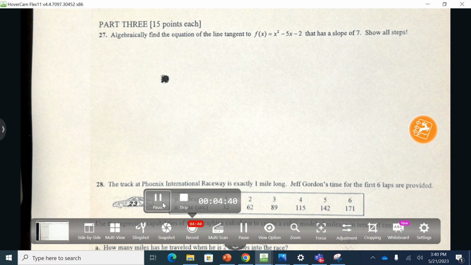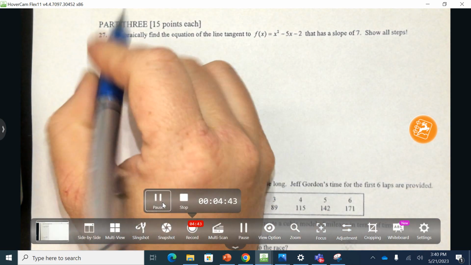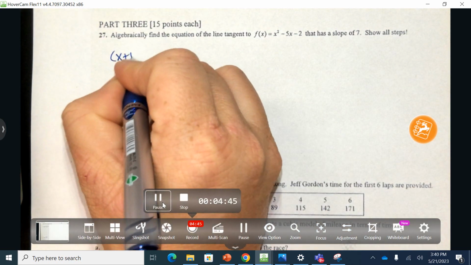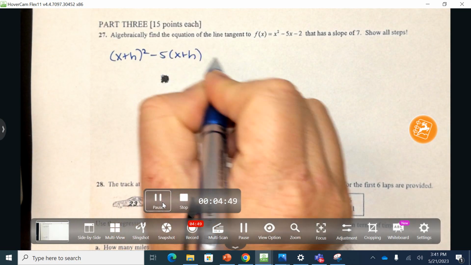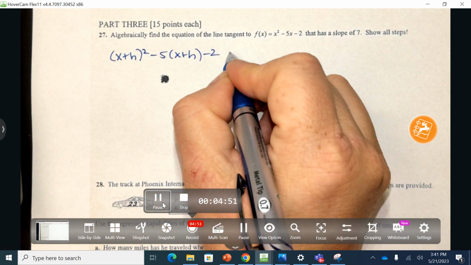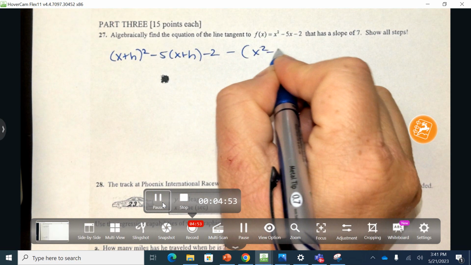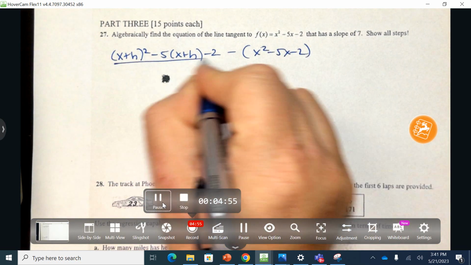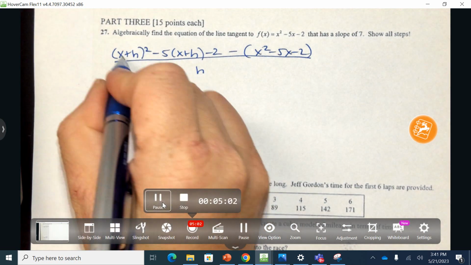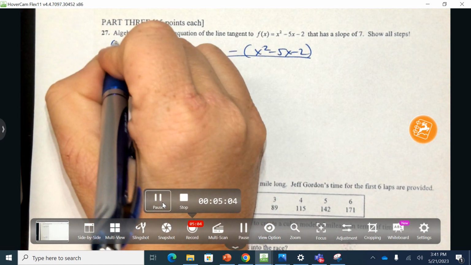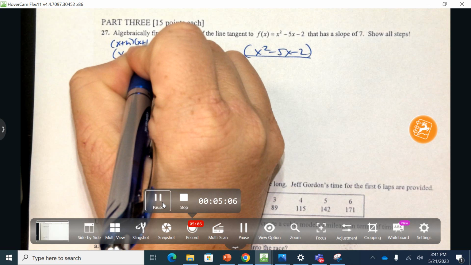Okay, so I'm going to start here by plugging in x plus h, and now subtracting f of x, all over h. I remember we're going to evaluate that limit as h approaches 0 here. So I'm going to write this quantity down twice, x plus h times x plus h.